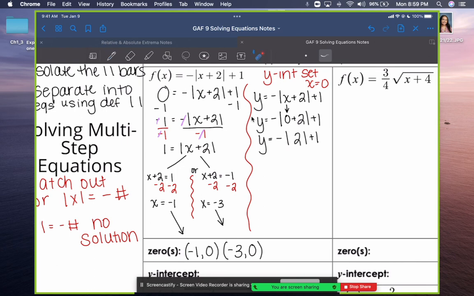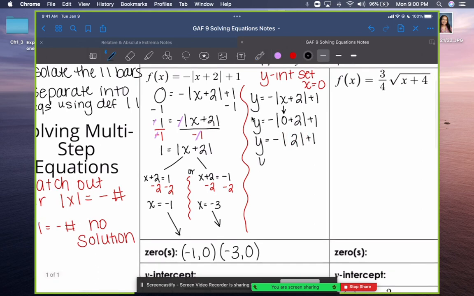Okay, in this case, our value inside the absolute value bars is already positive. Okay, so we're just going to bring down that 2. If it was negative, okay, so if we had a negative here, we would still write it as x equals -2 because our absolute value bars always result in a positive value. Okay, so y equals -2 plus 1.